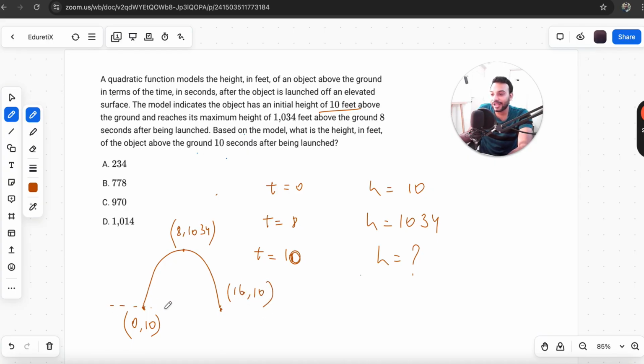It'll be at the same y value as the starting point, and since 8 is the midpoint of the start and end, so after the stone, or basically the object, the object's journey would continue for 8 more seconds after the maximum point. So let's put this point also in the regression, 16, 10, and then we'll get the correct one.